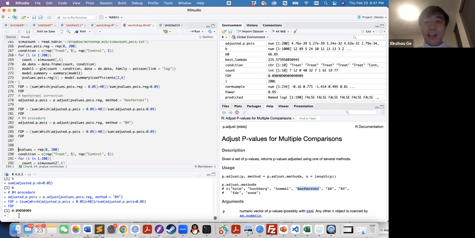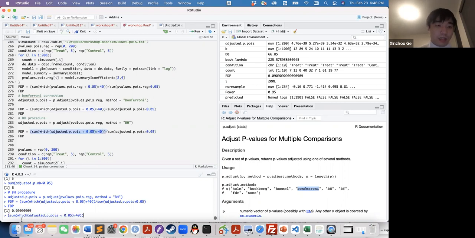But we allow some randomness, because if we sample the dataset multiple times from the same distribution, we may have different FDPs. Some FDPs will be large and some will be small, but the FDR procedure, or the BH procedure, will control the expectation of the FDP. Anyway, we can see that the FDP is small, and we still keep a large number of discoveries.